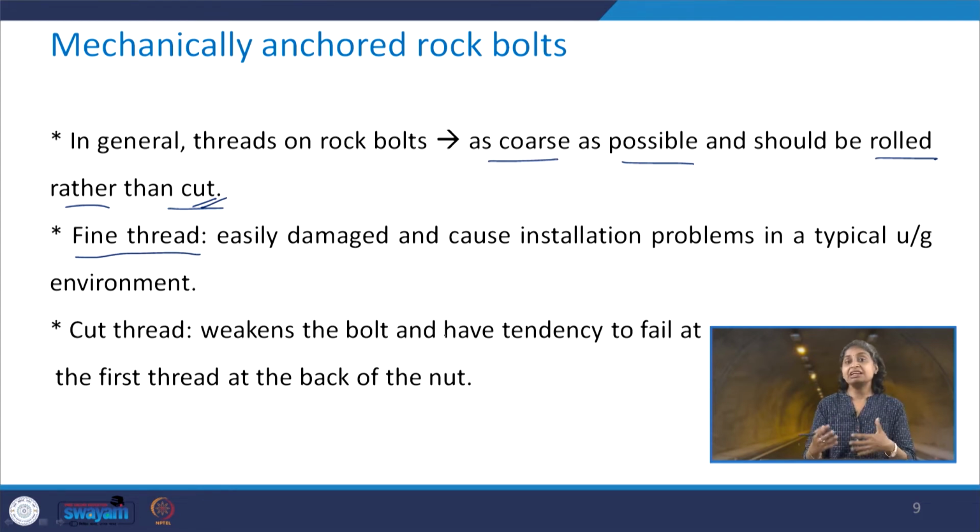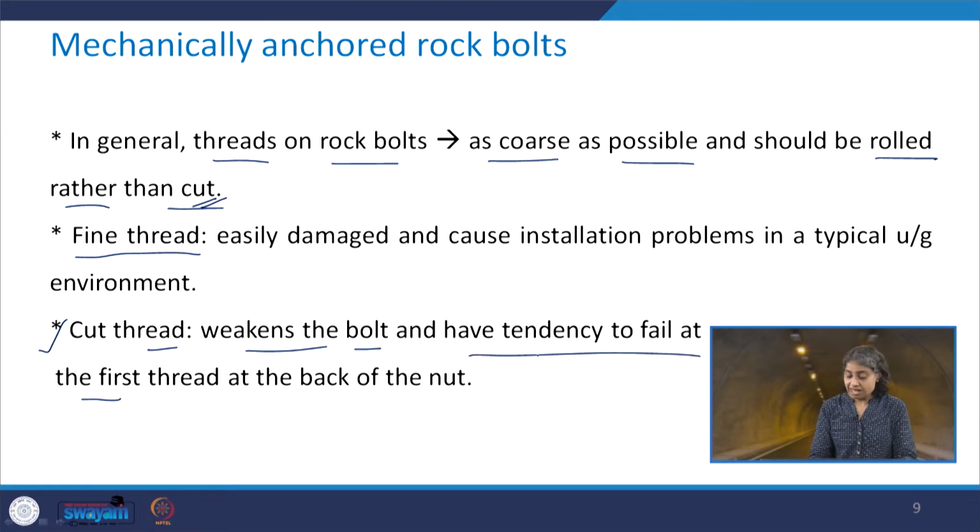They are easily damaged and cause installation problems in a typical underground environment. Therefore, the threads on the rock bolt should be as coarse as possible. If you use cut thread rather than rolled thread, the cut threads weaken the bolt and have a tendency to fail at the first thread at the back of the nut.